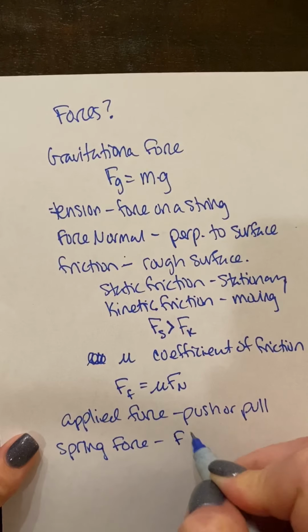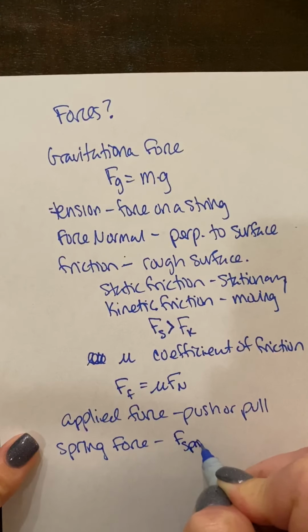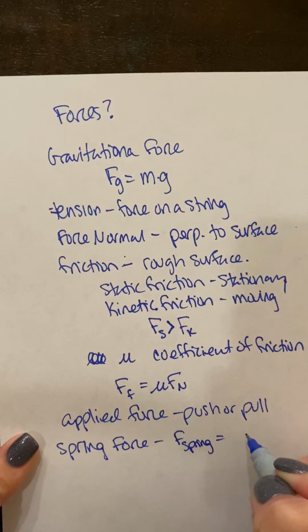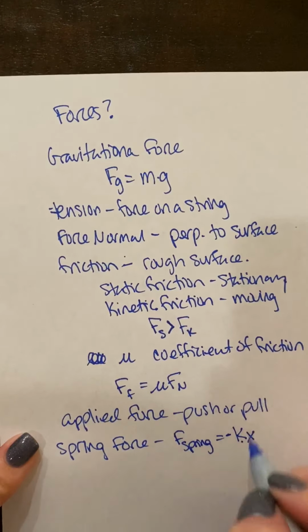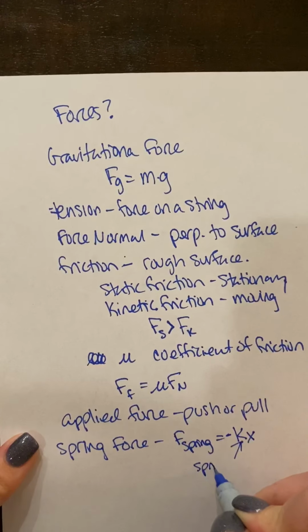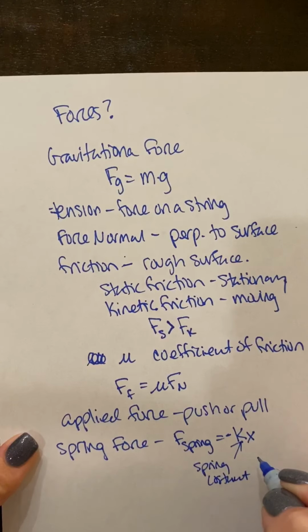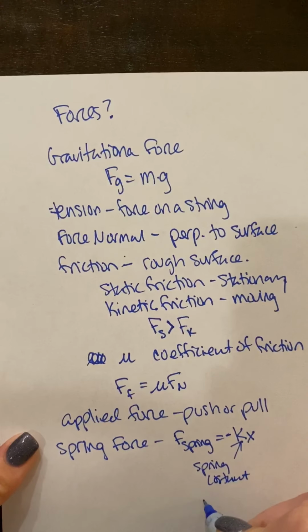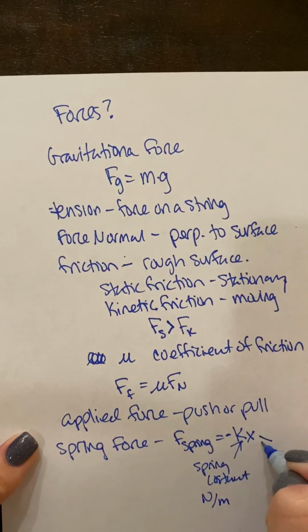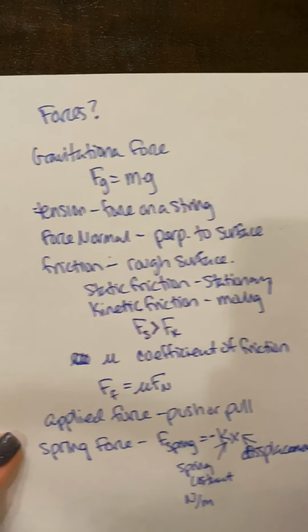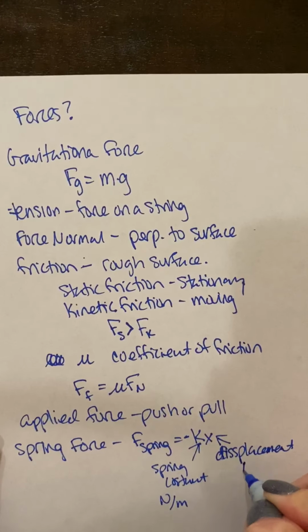Your spring force is equal to negative kx, where k is your spring constant, measured in newtons per meter, and x is your displacement, measured in meters.